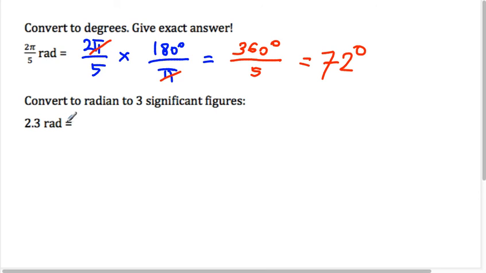It could also be that you have a measure like 2.3 radian, and you are asked to convert it to degrees. If you're asked to convert it to degrees to 3 significant figures, then you can use your calculator. 2.3 times 180 over pi.